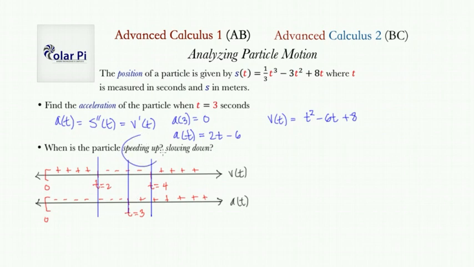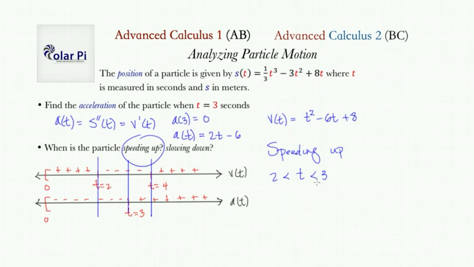So speeding up, in this case, would be, well, where do they have the same sign? Between t equals 2 and t equals 3. So 2 is less than t is less than 3.